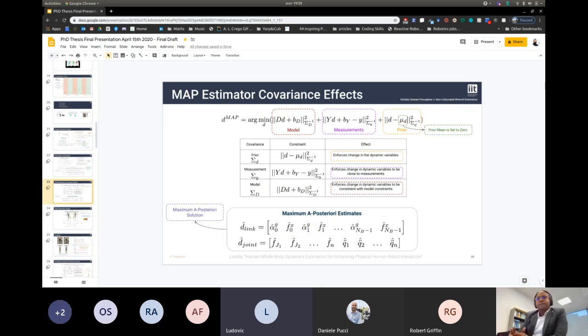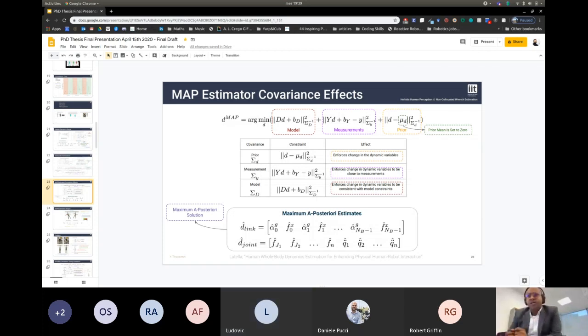I assume in your case this is not true, right? Because you have errors in your measurements that show up in more than just the forces, and in forces you can have biases as well. So do you know if it influences the results that you actually get a lot?